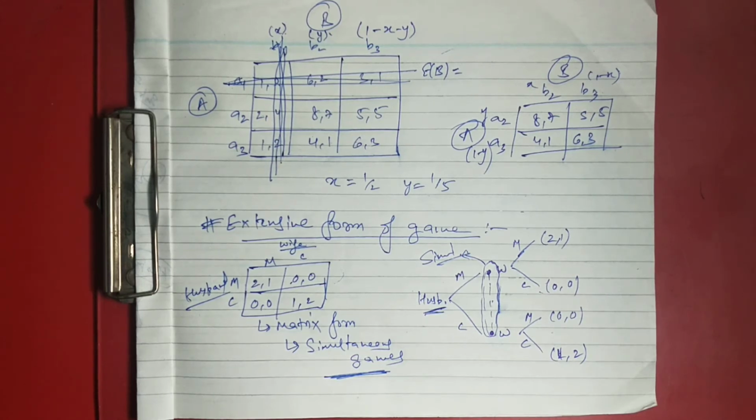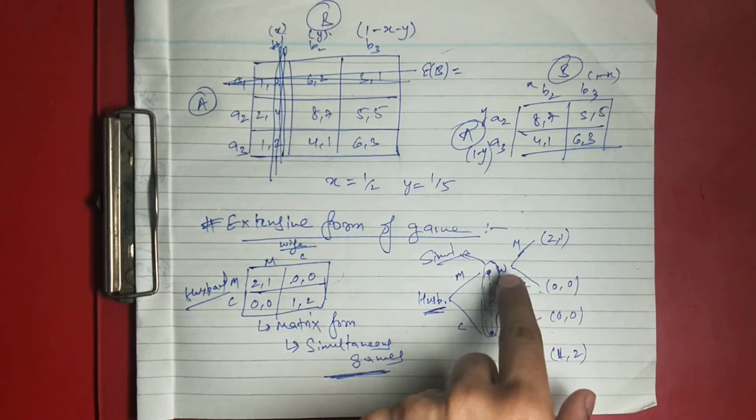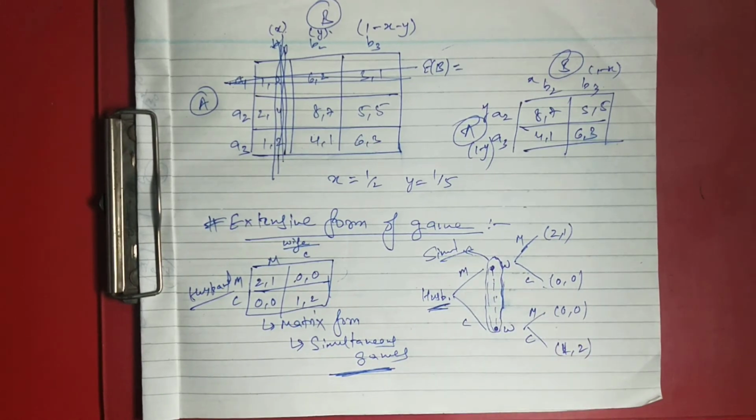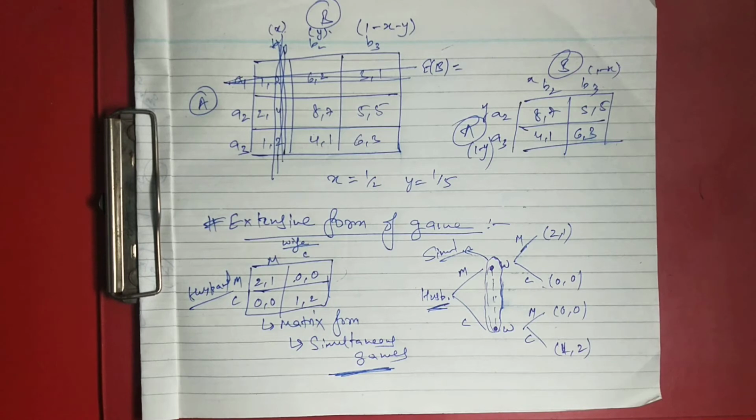Then player B makes a decision, as we have shown. Player B is wife here. Then wife makes decisions, right? So the dotted oval drawn around the decision node of player B indicates that the two nodes are in the same information set. Got it? That is, player B does not know the strategy of player A when player B is making a move.